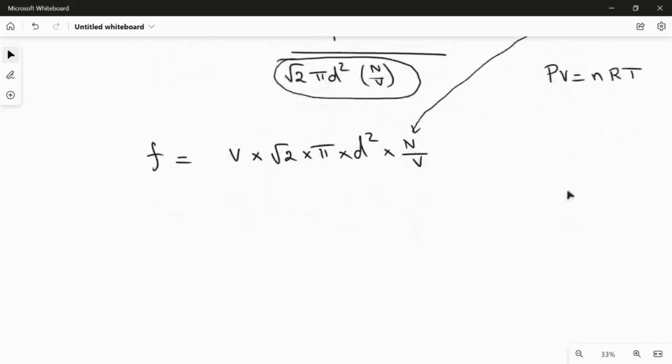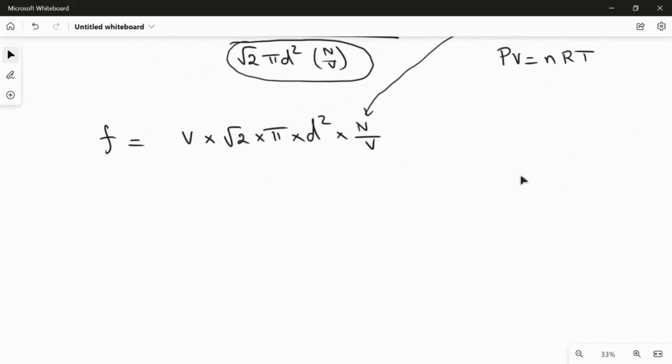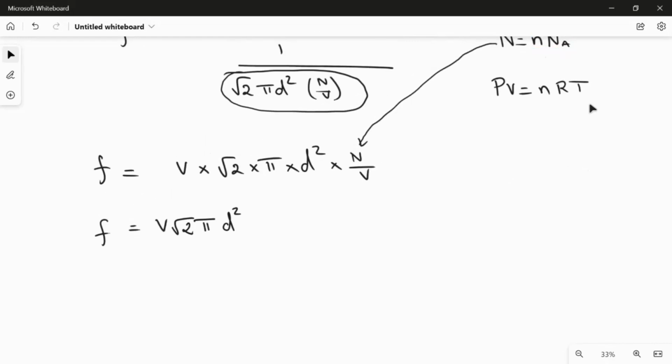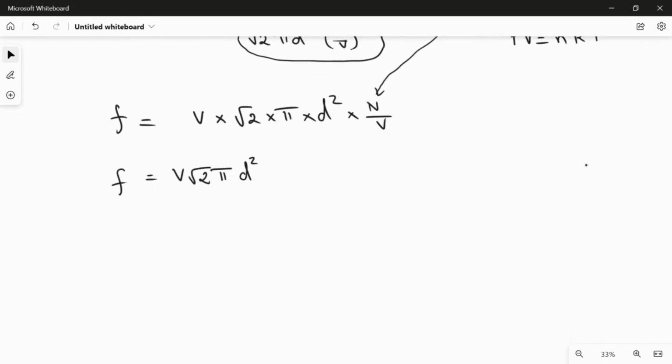Once you substitute the N value, this equation will change as v root 2 multiply by pi multiply with diameter square multiply with, because here N takes the value of n times Na, this part will become n multiplied by Avogadro number over V.